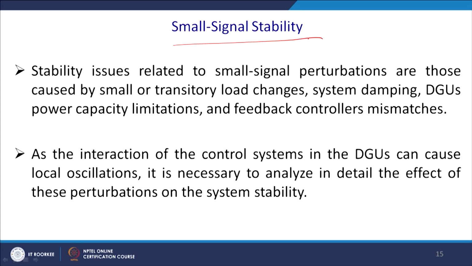Those are the transitory load changes, system damping, the distributed generation units' power capability limitations, and the feedback controller mismatch. So, there might be issues with the fidelity of the sensors, all of which may be put into this small signal stability problem.